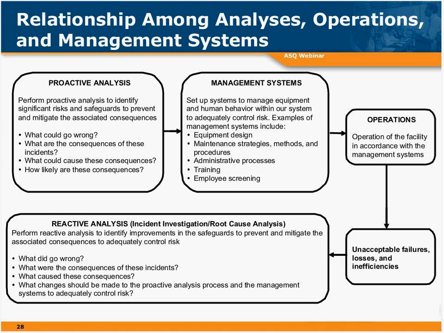First, the proactive analysis process. What did we miss when we did our proactive analysis? A certain event, some design flaw. But what changes should we make to the management system to adequately control the risk? So we see reactive analysis feeds back information to the people who did the proactive analysis about what they may have missed.